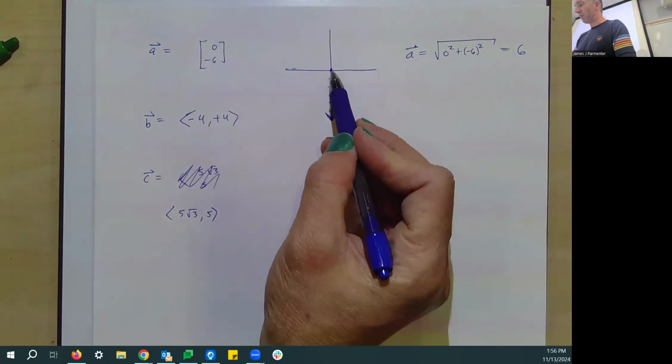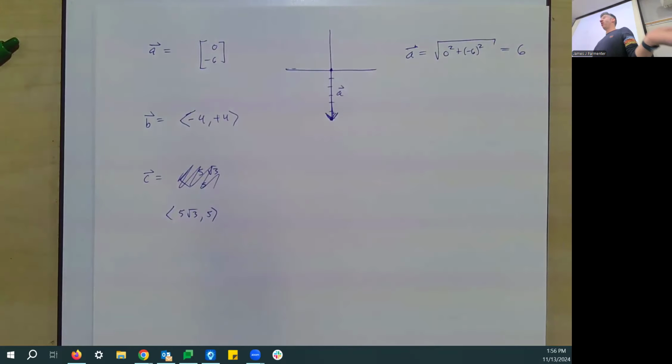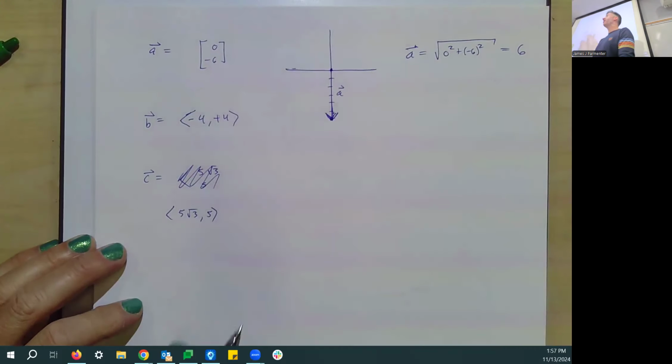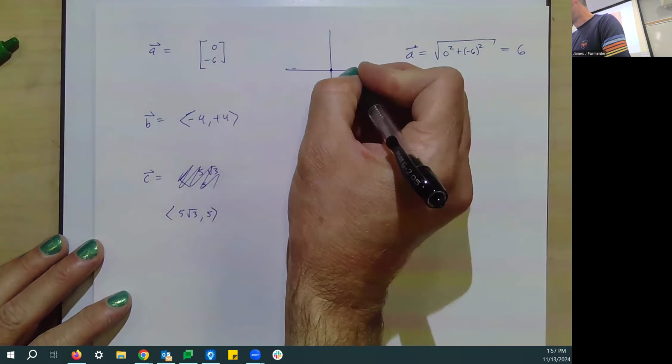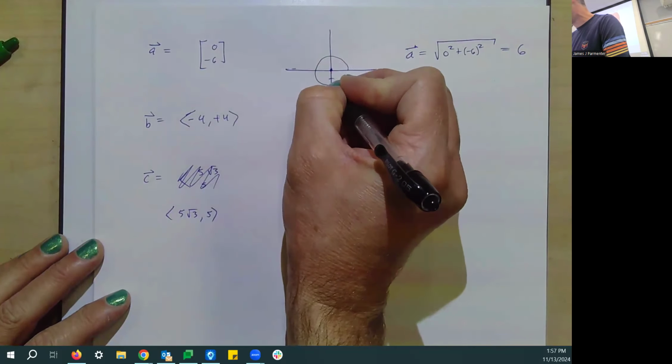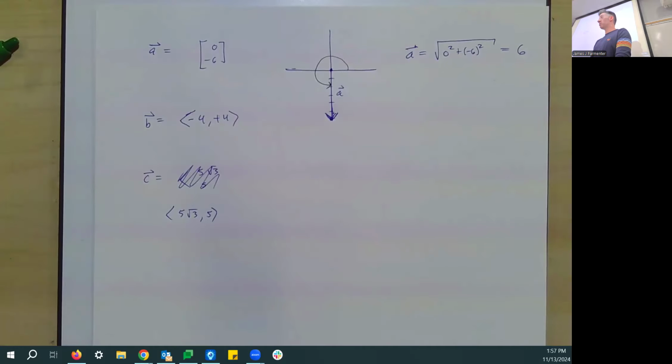We started at the origin, we moved 6 down, it's 6 long. The other two are a little bit not as easy. So for B, the whole point of these questions is the angle should be relatively obvious. So you shouldn't have to do anything special like use a dot product yet, although we will do that in the future. This angle measured from the positive x-axis is 270 degrees.